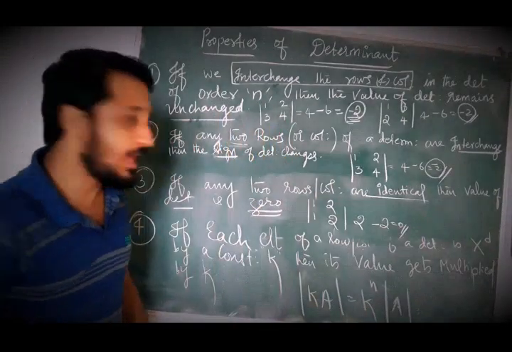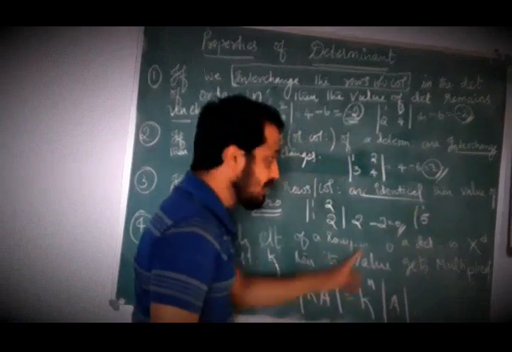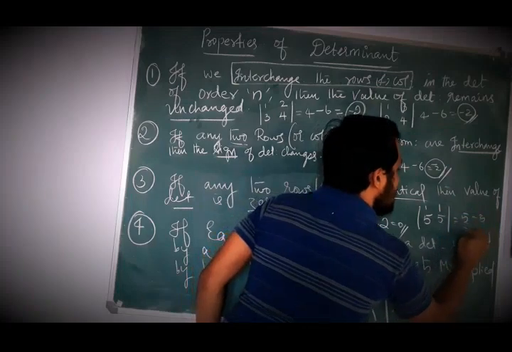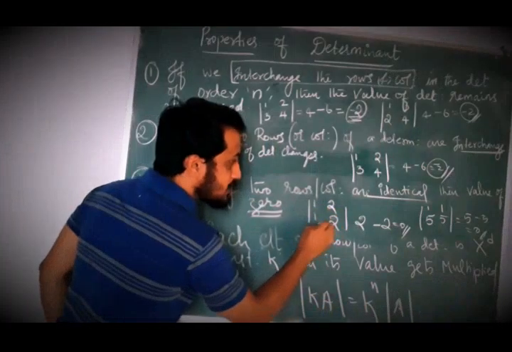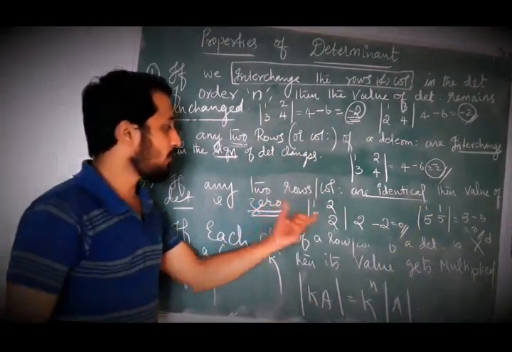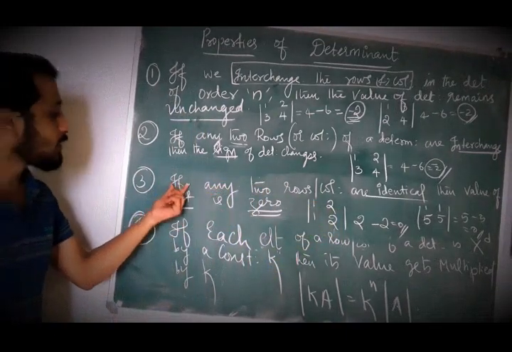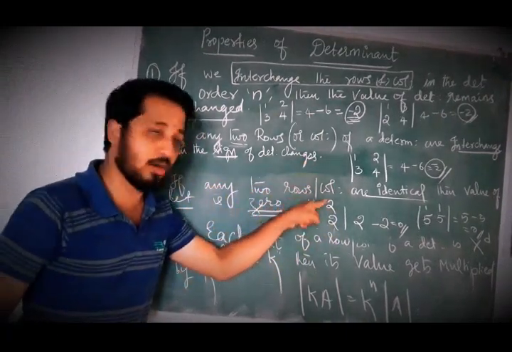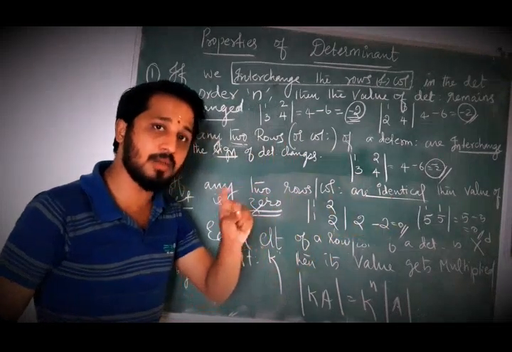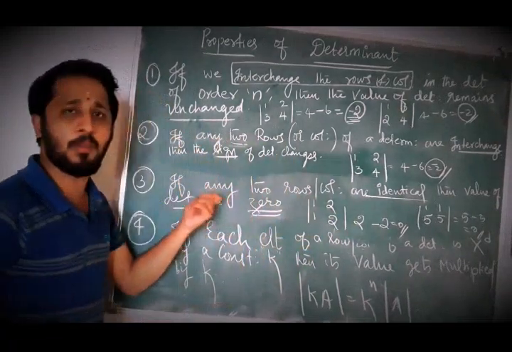One more example: column 1, 5 and another column 1, 5. Both are the same, 5 minus 5 is 0. So here 2 rows are the same, here 2 columns are the same. If any two rows or columns are identical, then the value of the determinant is 0. Very important property, the third one.